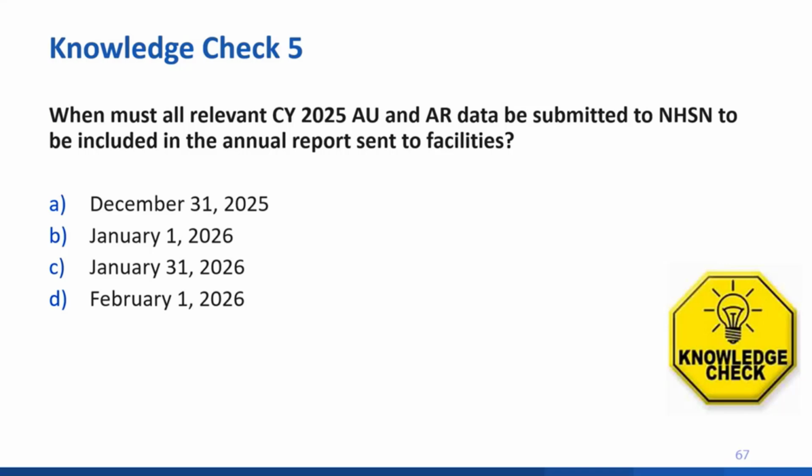We've reached knowledge check number 5. When must all relevant calendar year 2025 AU and AR data be submitted to NHSN to be included in the annual report sent to facilities? Is it A, December 31st, 2025, B, January 1st, 2026, C, January 31st, 2026, or D, February 1st, 2026?